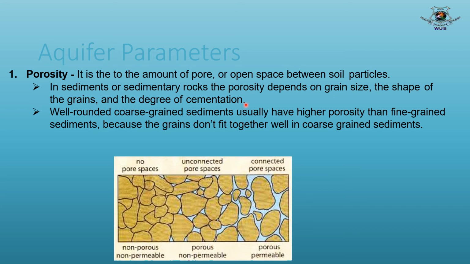And the degree of cementation. That means the intermolecular attraction of the particles or body. If the intermolecular attraction or forces increase, the porosity or void ratio will decrease. Well-rounded coarse-grained sediments usually have higher porosity than fine-grained sediments because the grains don't fit together well in coarse-grained sediments.